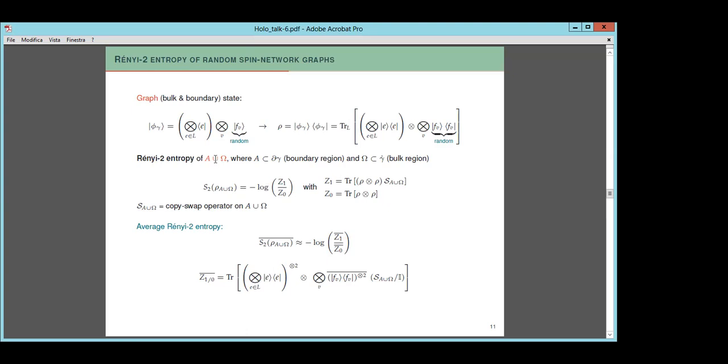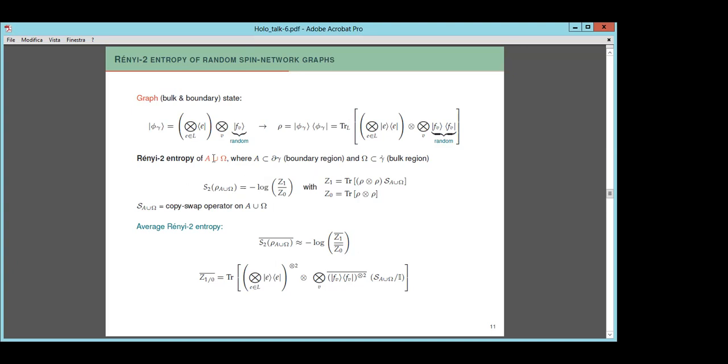But here I'm showing the technique in the general case in which we are probing a certain region A of the boundary and Omega of the bulk, because we will use this technique also for the second part of the talk.